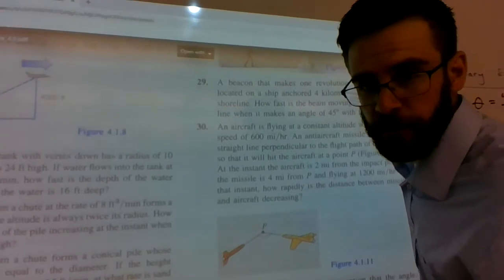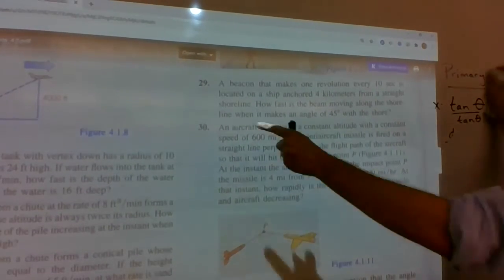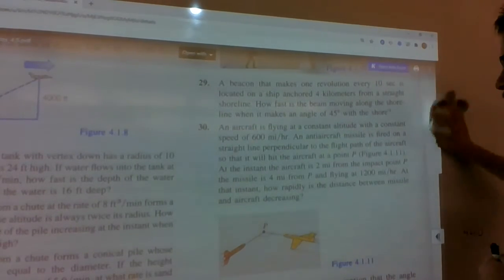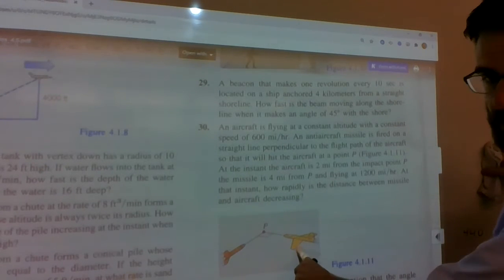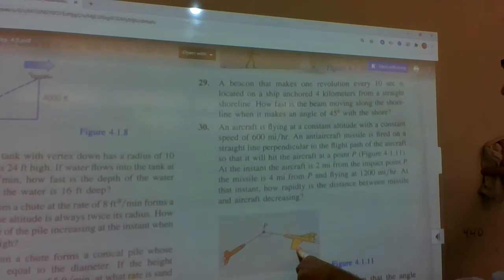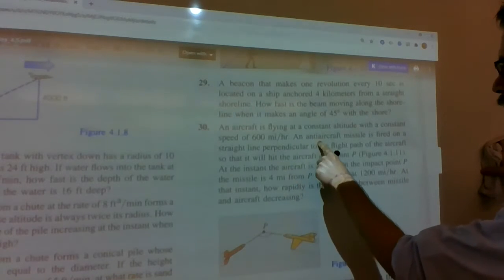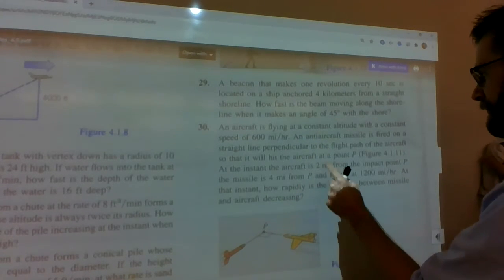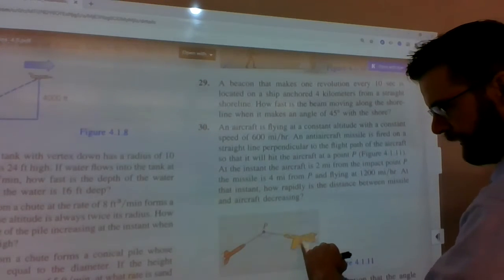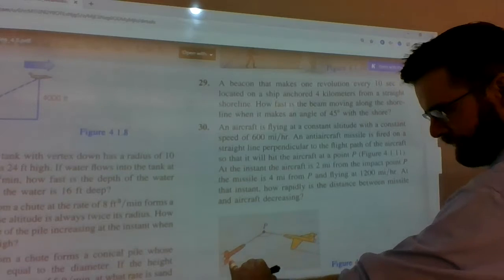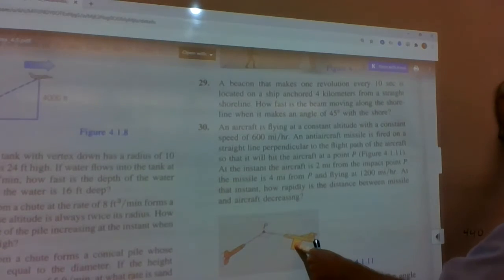Let's check out number 30. Can you guys see that whole thing? All right. So it says an aircraft is flying at a constant altitude with a constant speed of 600 miles per hour. It's this right here.